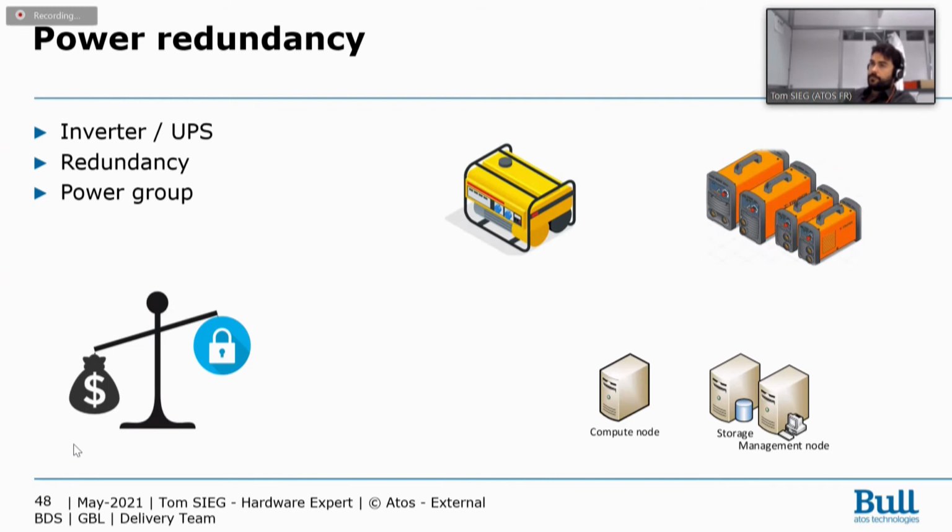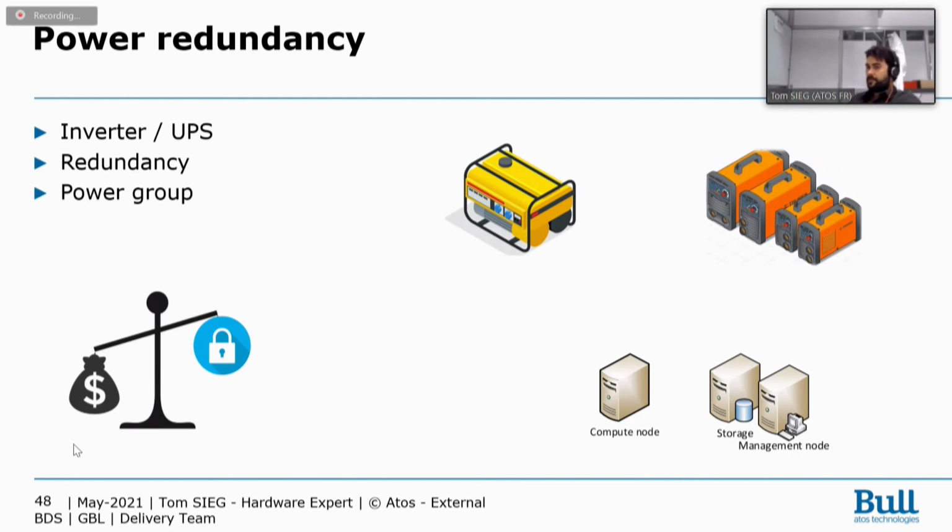Same for the power redundancy, inverter, UPS. You have to take into account which part is really important in your cluster. Generally, the important parts are the storage and the management parts. The storage for home, user, scratch, so data. You have a lot of customer data and a lot of job data, and you have to save them because data is money and you don't want to lose your money.